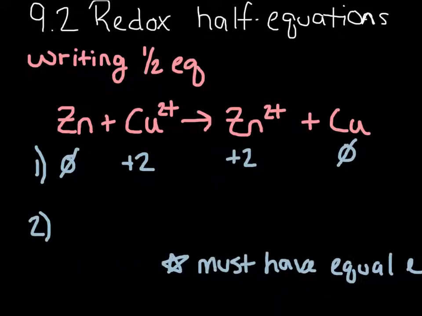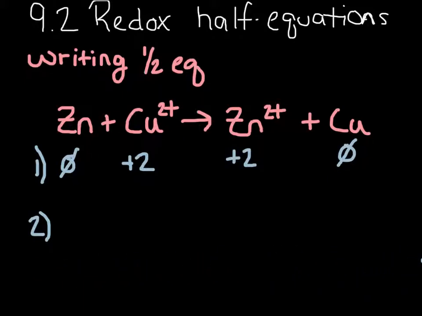What you want to do now, in step 2, is go through and figure out what's going on with each atom. Therefore, zinc is going from an oxidation value of 0 to plus 2. It is losing electrons, therefore it is being oxidized.